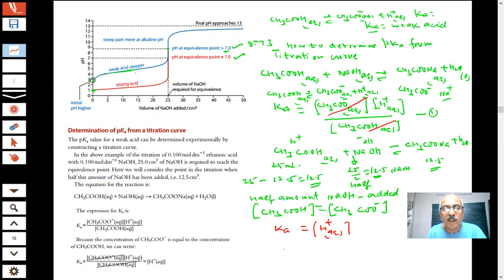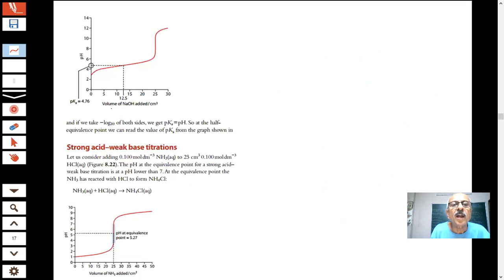Therefore, once Ka is equal to H plus at this point, what we are determining is, where is 12.5 here? This is 10, this is 15. Okay? Let me see if I have a picture of that. Okay, here I have shown you. This is the titration curve of a strong base and weak acid.